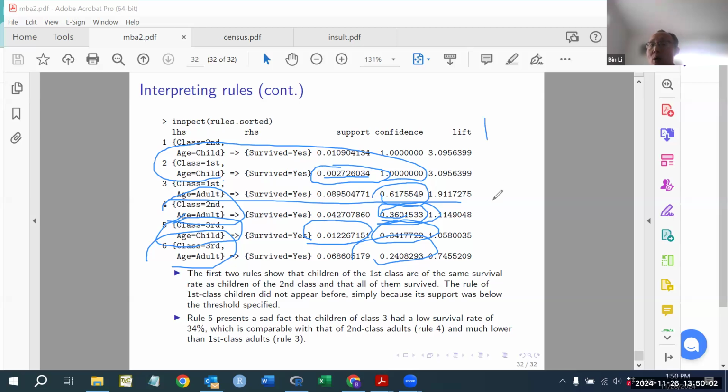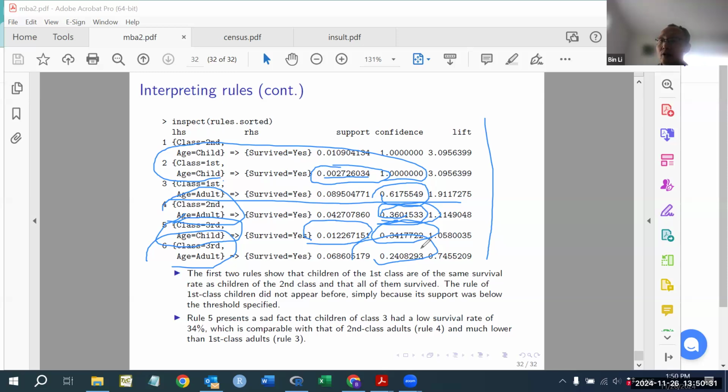So you can see when we do association rule mining, you have to put the specific right-hand side or left-hand side based on your research interest. And sometimes if some rules that you expected to see didn't appear, that may be because of the threshold for the support or the confidence.